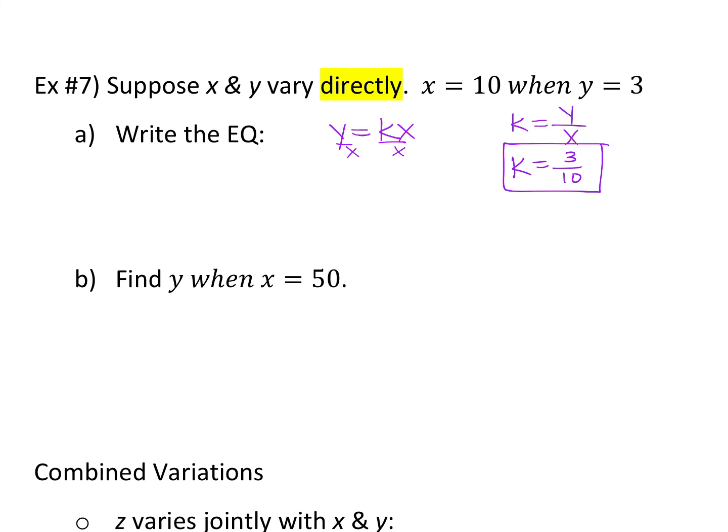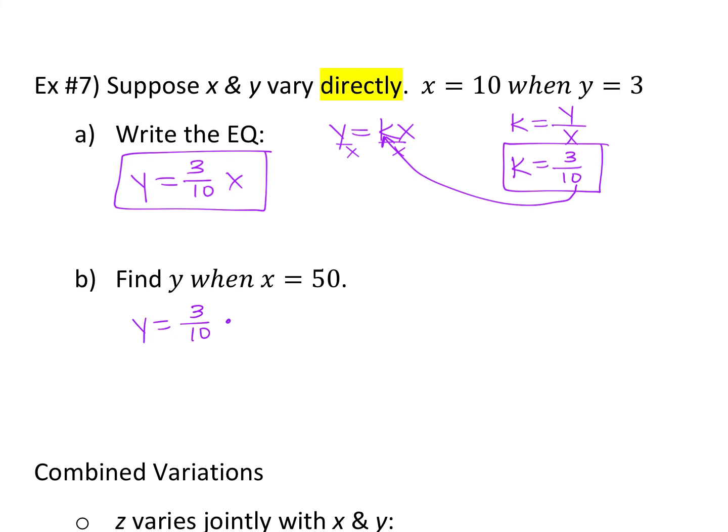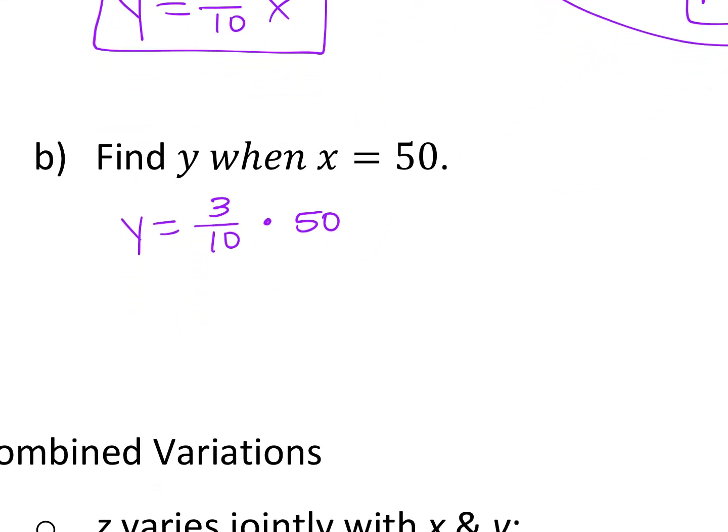Okay, so the equation is just drop that 3/10 into your original, y equals 3/10 times x. Then it says find y when x is 50. So you're just going to take that, y equals 3/10 times that x value times 50, and then simplify that. So 150 divided by 10, or you can plug in 3/10 times 50 in your calculator, that's fine too. Y comes out to 15.